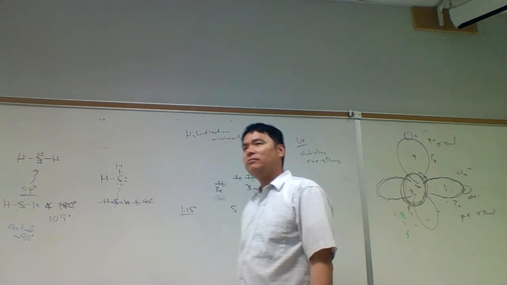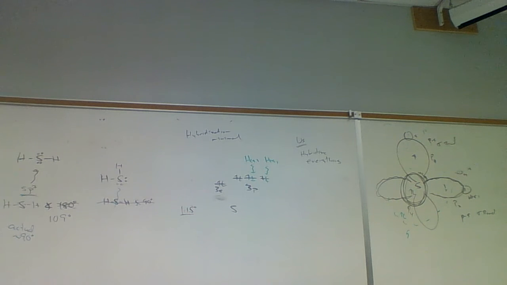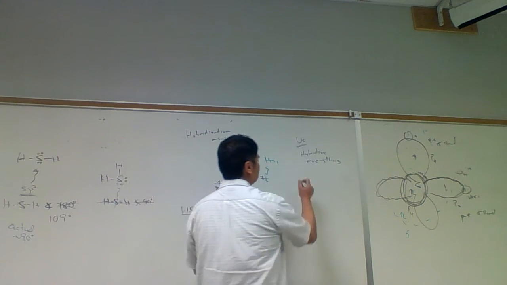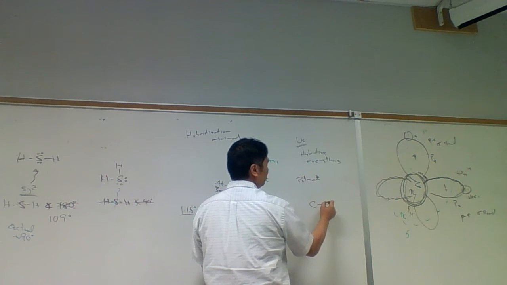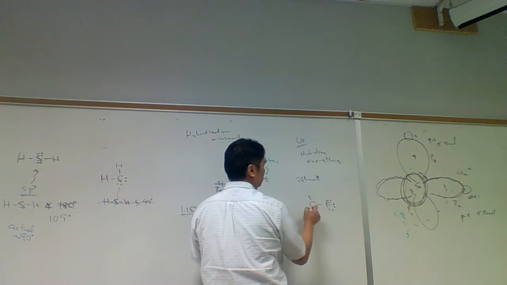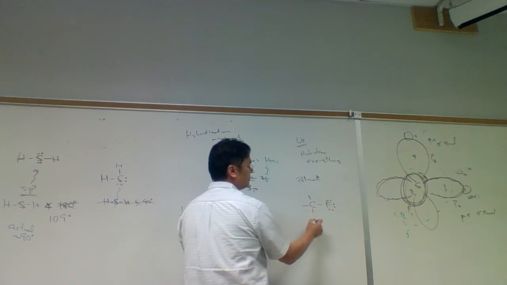Now Petrucci does something very funny. Petrucci hybridizes the central atom, but does not hybridize the terminal atom. For example, let's say I had this. This carbon would be sp3.